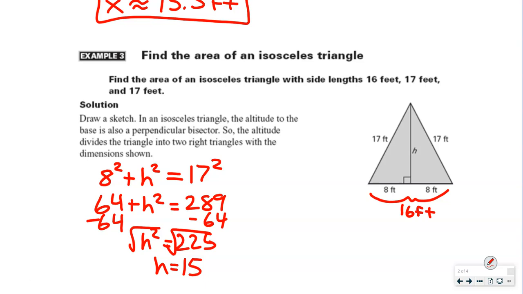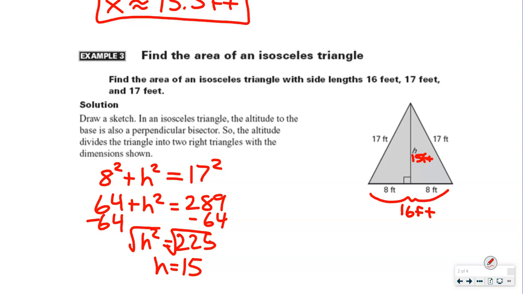So my height is 15, but what did the question ask for? It asked us to find the area. So though we now know h is 15, our height is 15, we still need to find our area.